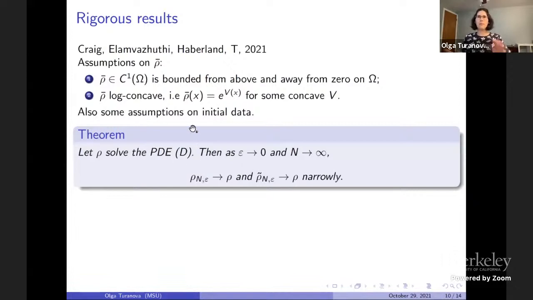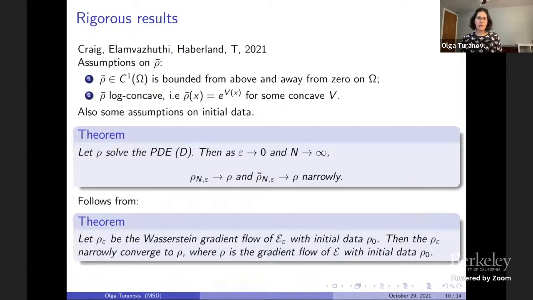Here's the theorem that relates directly to the numerical method. Let rho solve the PDE, and discretize your initial data into n particles. Then as epsilon goes to 0 and n goes to infinity, the rho n epsilon and the rho twiddle n epsilon go to rho narrowly.